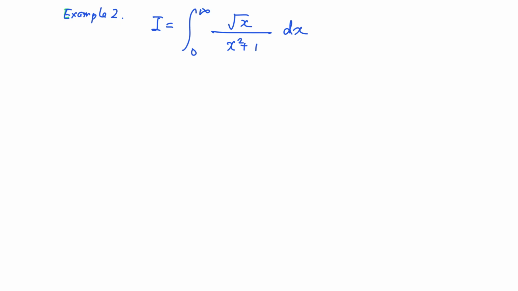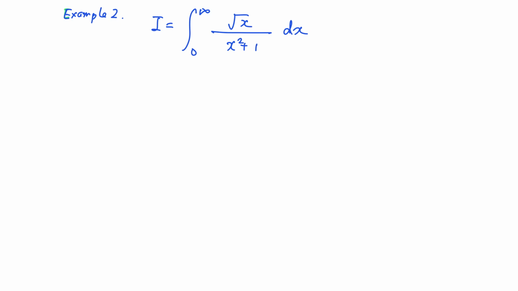This integral is also related to Cauchy in the 18th century, and it's related to some astronomical calculations of planetary motion. It looks very complicated, right? Because we have a square root.